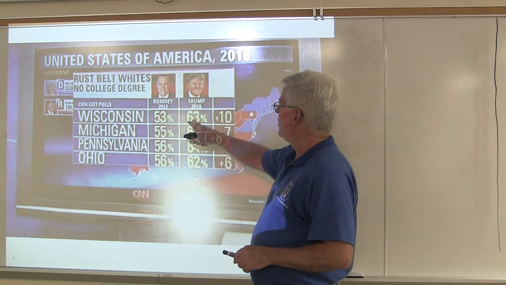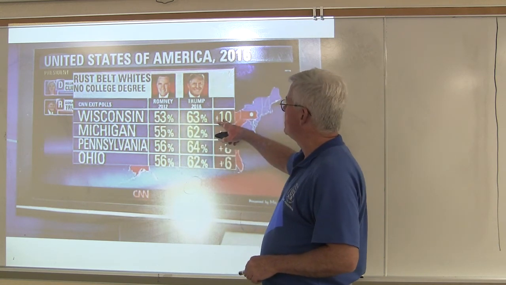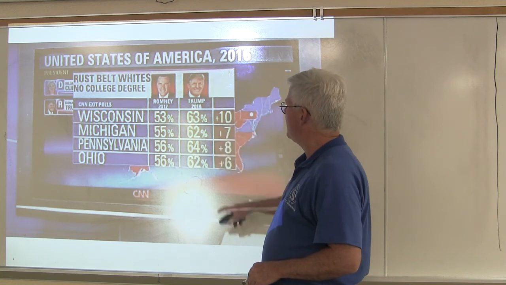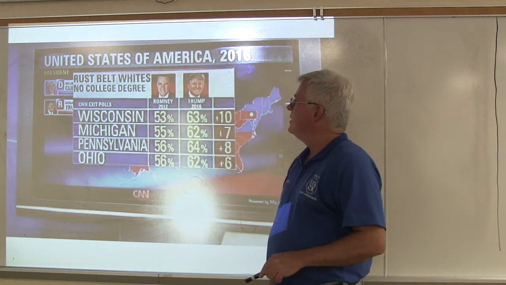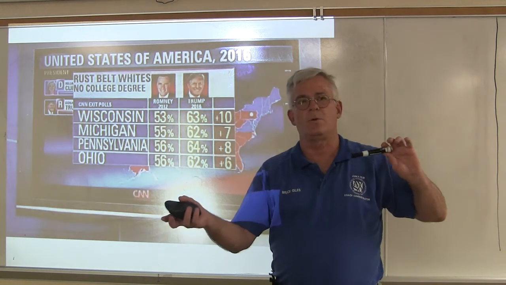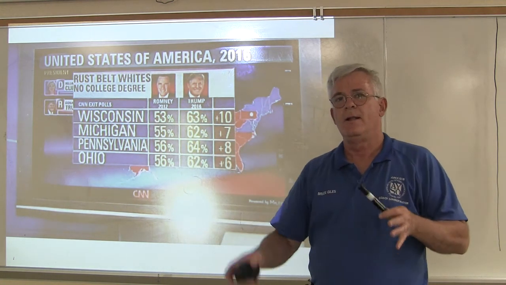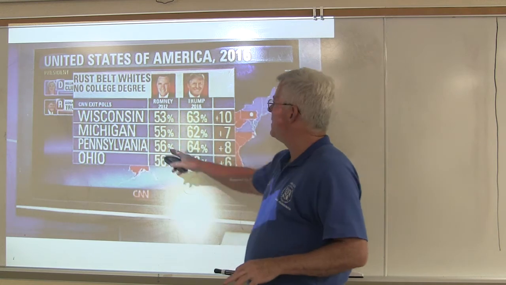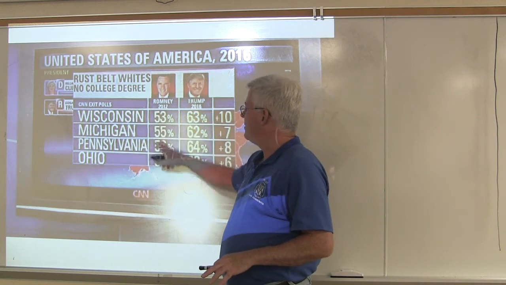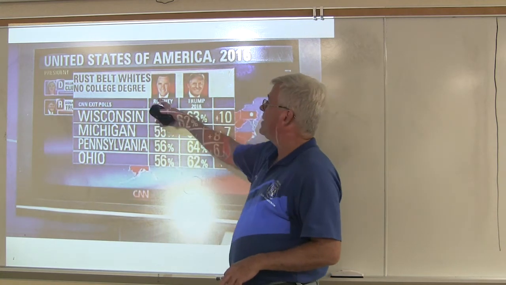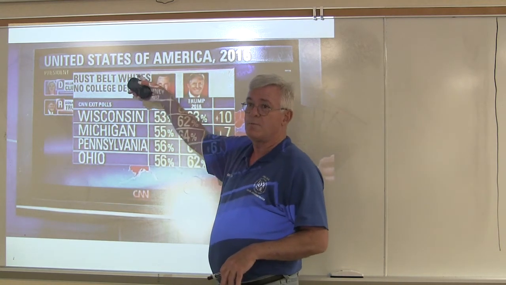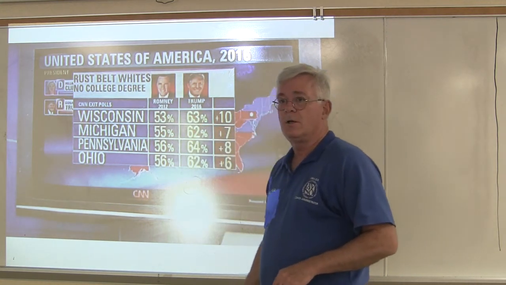And Trump did really well with them, right? Up 10 points in Wisconsin, up 7 points in Michigan, up 8 points, up 6 points. So this was why 2016 was a shift election, because people that you would be expecting to vote Democrat shifted about 10 points. Is this a big demographic group, Rust Belt whites, no college degree?